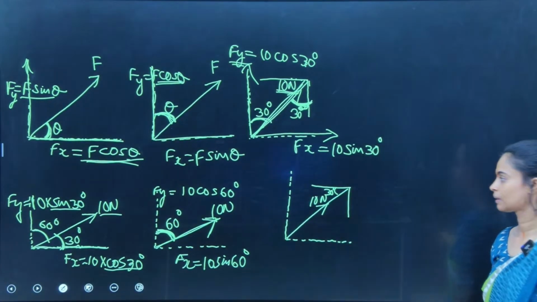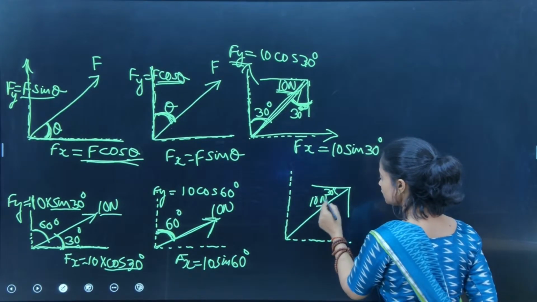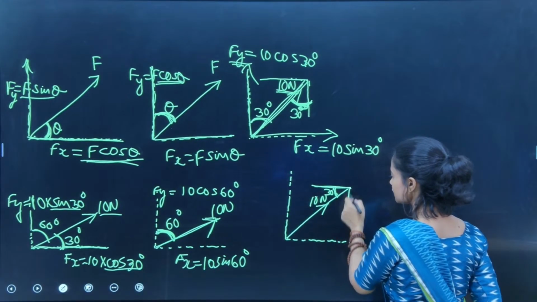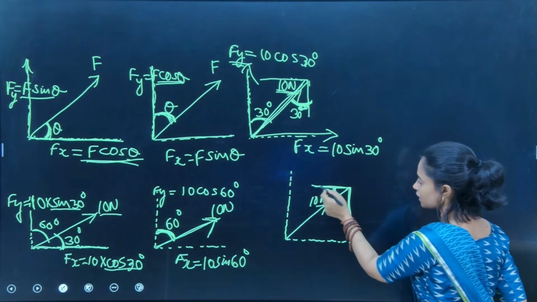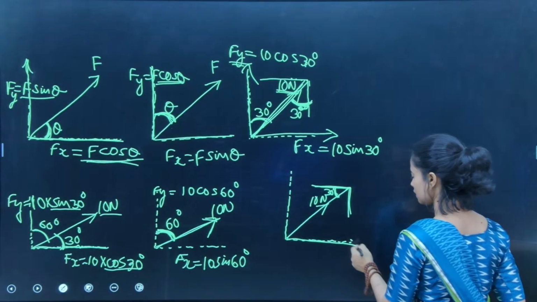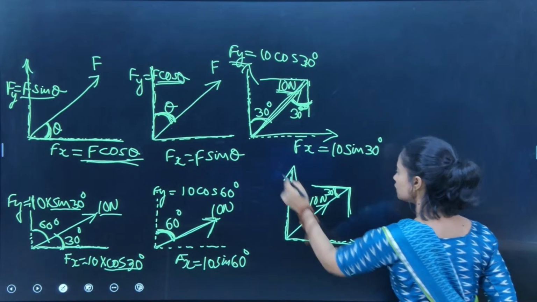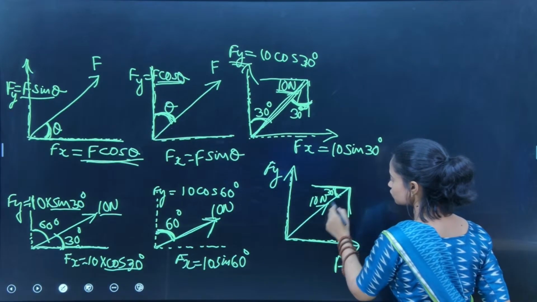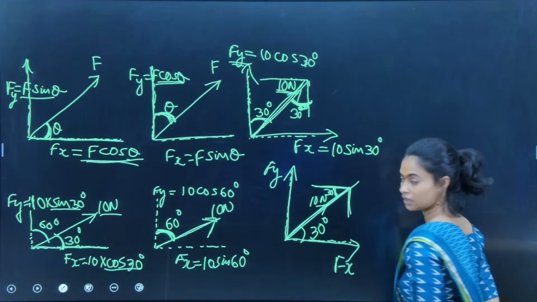Okay? Now come to this case where the same force of 10 Newton is inclined like this. The force is having an angle of 30 degree with the horizontal. Then how can I find out the components? The x component is here, the y component is here. If this is 30 degree, then from the geometry I can say that this is also 30 degree.